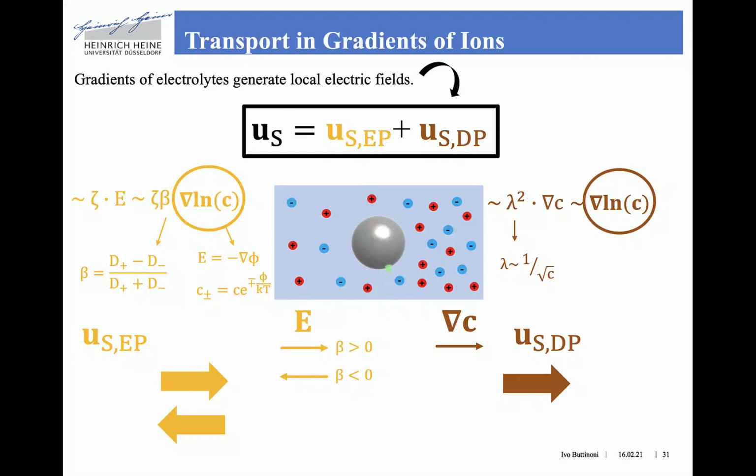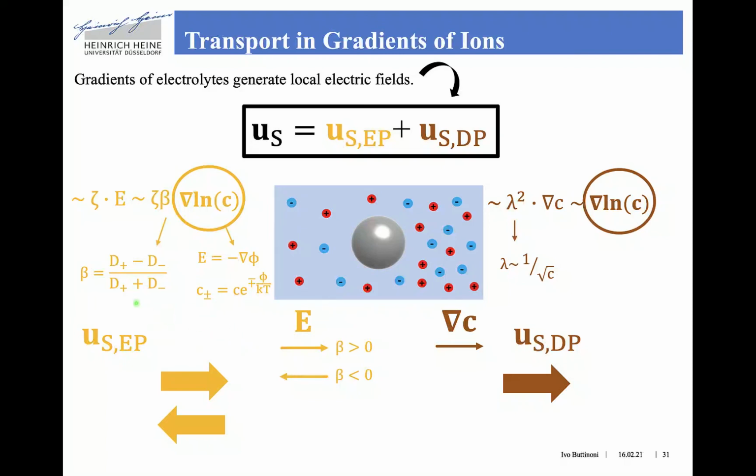And here you can think of these red circles, which are moving faster in this direction, so that we have an excess of positive ions, of positive charge on this side, and an excess of negative charge on this other side. Whereas it's the opposite if the negative ions are faster than the positive ones.